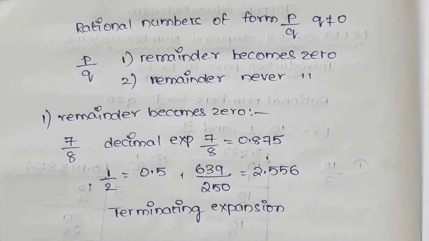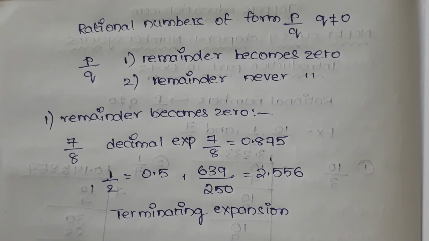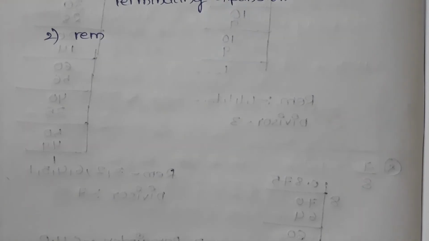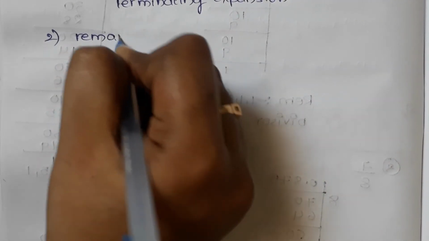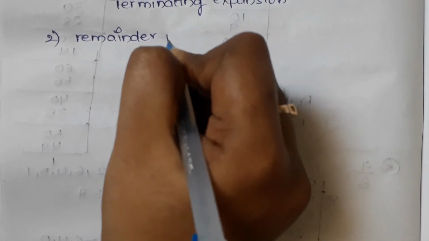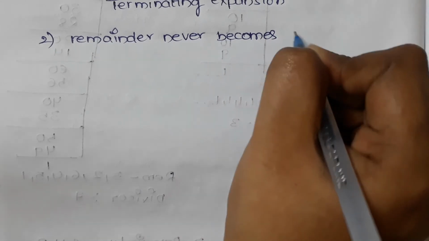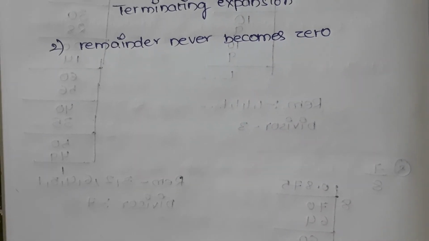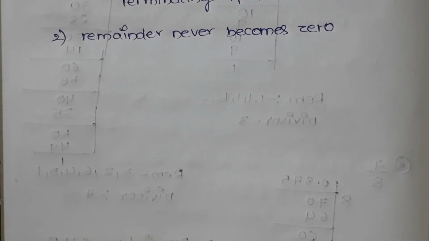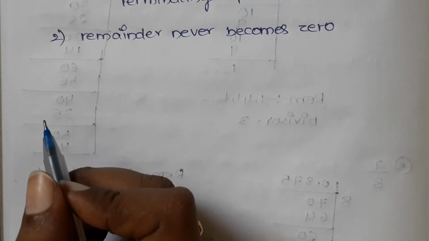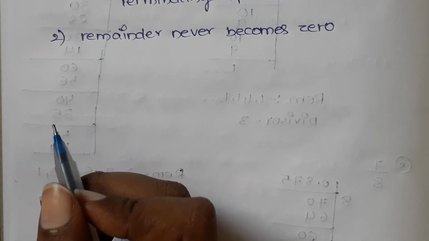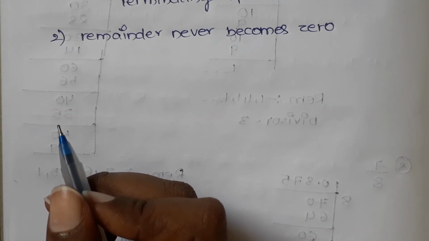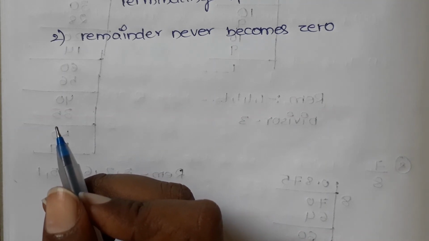Now let us see the second case, that the remainder never becomes 0. The remainder never becomes 0 means the remainder will not be 0 and we will get continuous repeating strings. Now let us see about that. As in the previous example 7 by 8, we get the remainder 0 and the decimal expansion is 0.875.